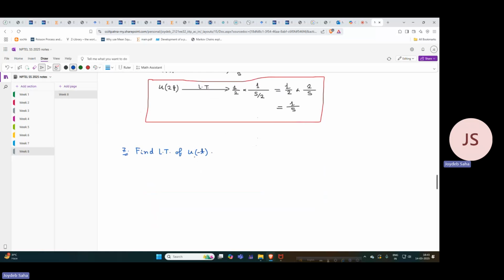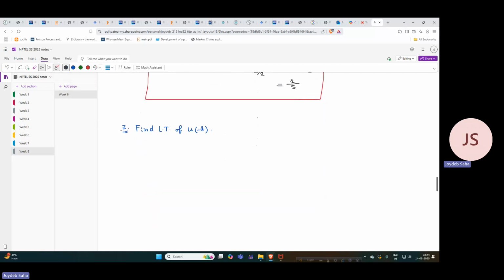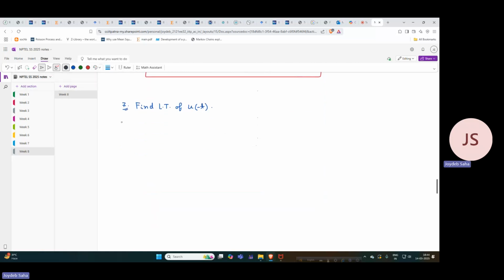Okay. So for this we need time reversal property.